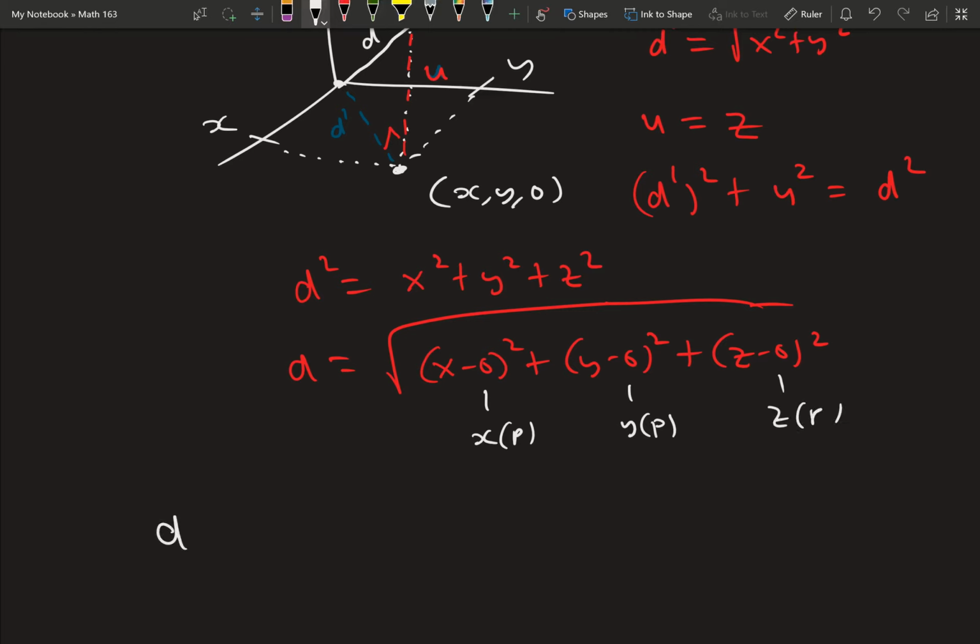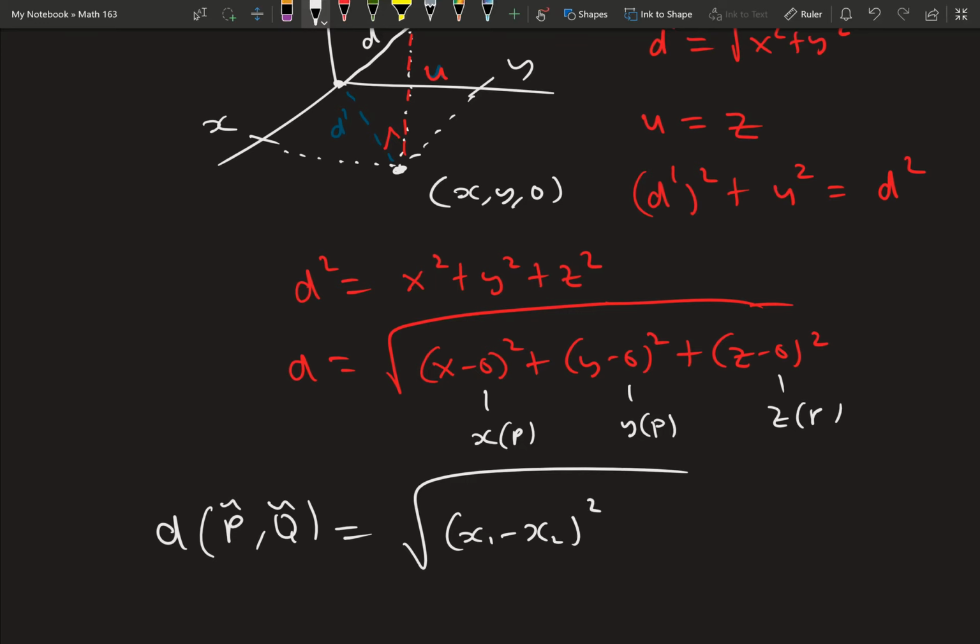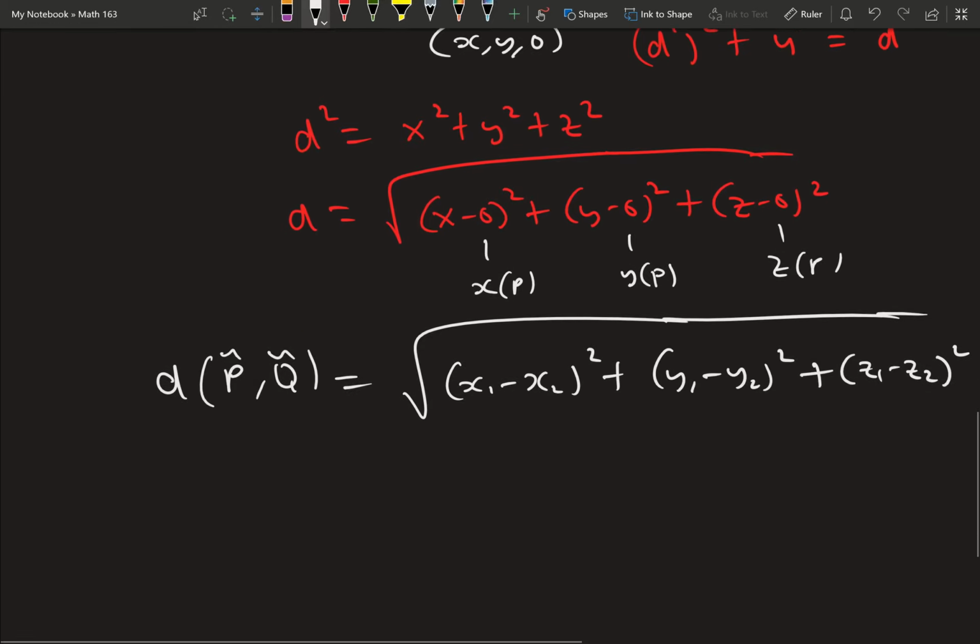So the general distance formula from 2 points, let's call them p tilde and q tilde, is going to be the square root of x1 minus x2 squared plus y1 minus y2 squared plus z1 minus z2 squared, where you could reorder it whichever way you like.